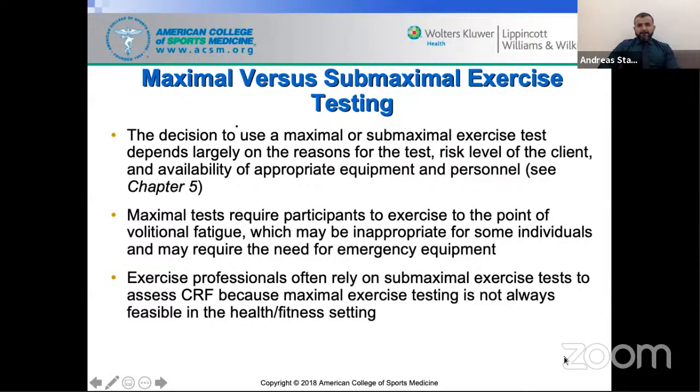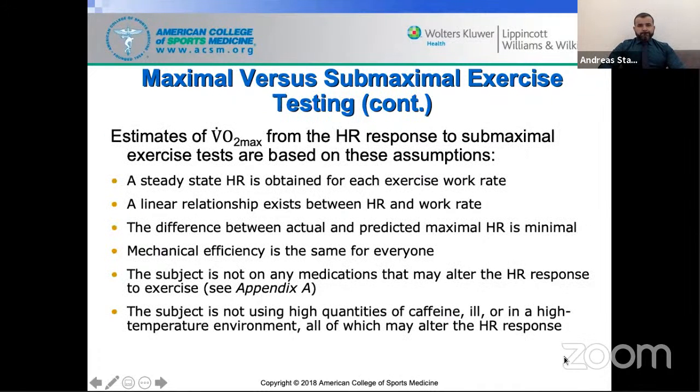As you can see, maximal tests require participants to exercise to the point of volitional fatigue. Those are just some conditions, the assumptions to estimate VO2 max from submaximal exercise tests. Nothing really fancy here.